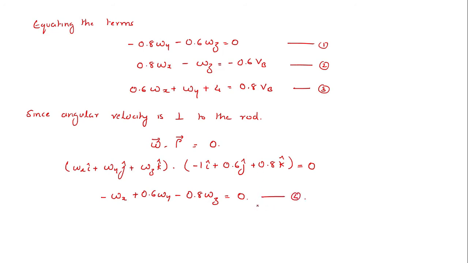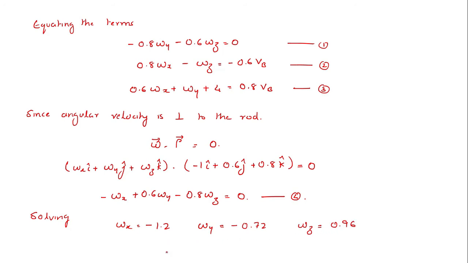So if you try to solve all these 4 equations, you would get omega x equals minus 1.2, omega y equals minus 0.72, and omega z equals 0.96.